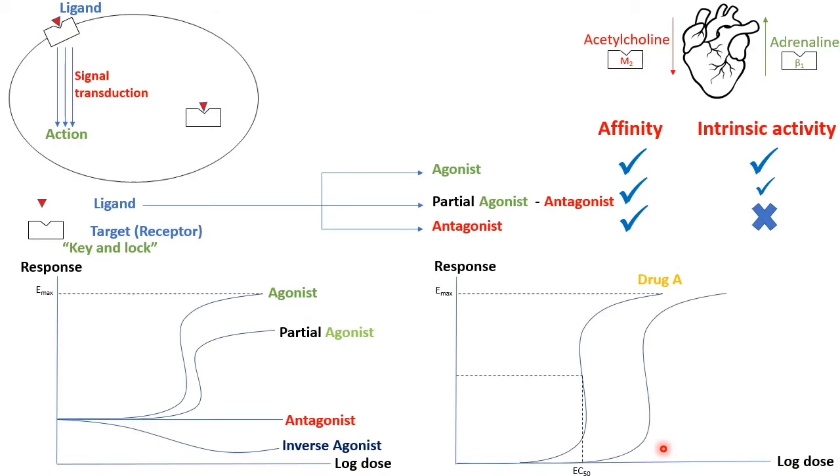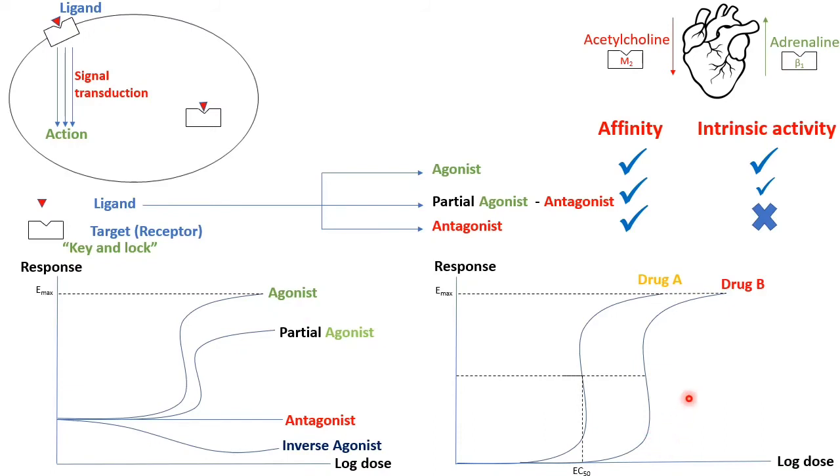Now let's have a look at this curve here. This curve here is for an agonist also. Let's call it drug B. As we can see, this drug B gives the same Emax and the same half the Emax of drug A, but drug B gives this half Emax with higher EC50.